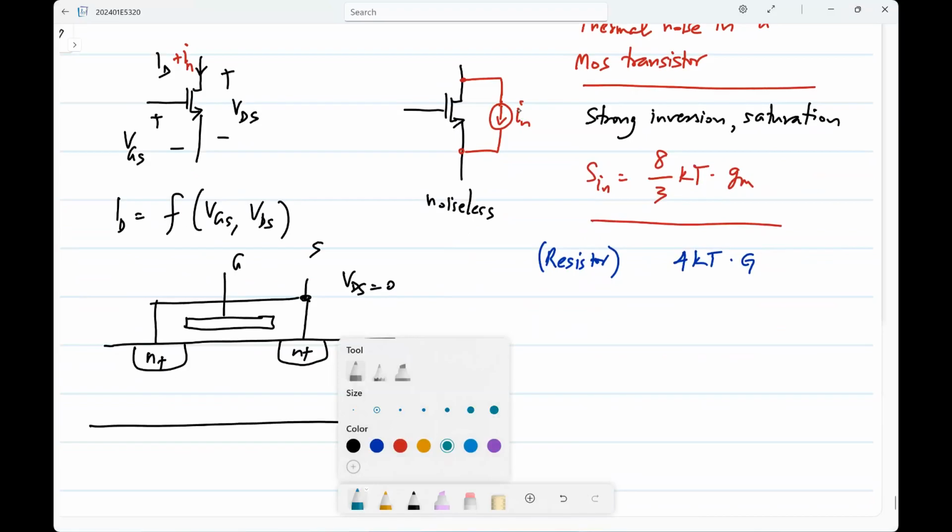How will it be? It will just be uniform. In fact, it looks exactly like a resistor, right? This is of course not in saturation. This is in the triode region, deep triode region, right?